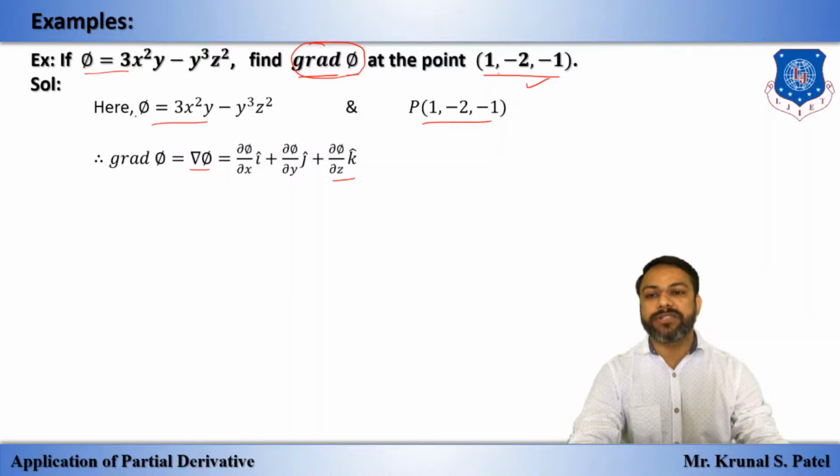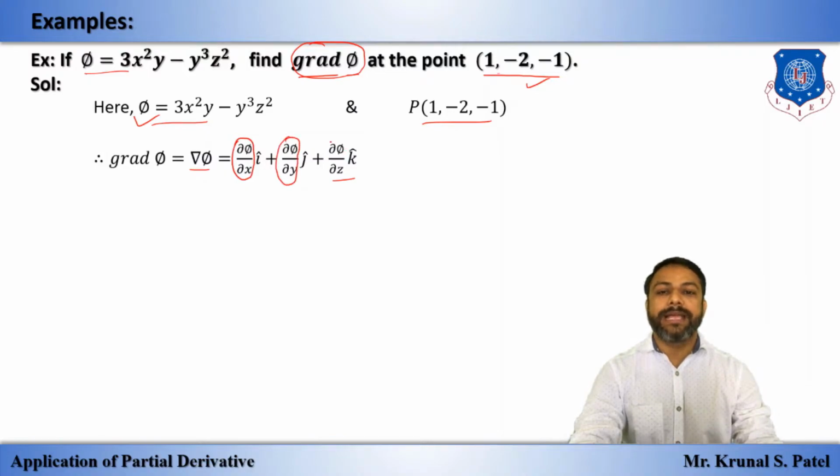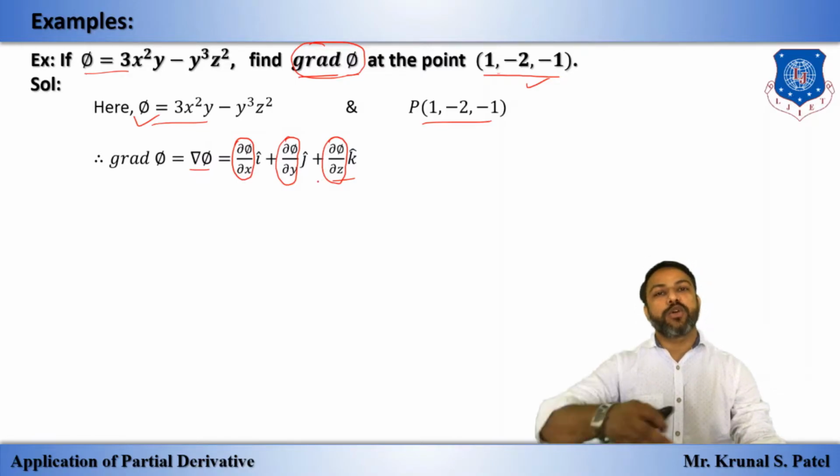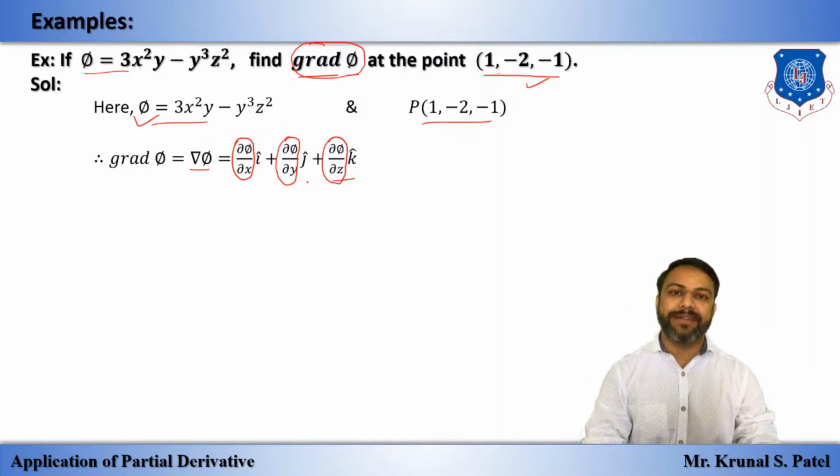That means we will differentiate this given function partially with respect to x, partially with respect to y, and partially with respect to z. For that we will use the rules of partial derivatives. That's why this is an application, because here we are using the rules of partial derivatives.